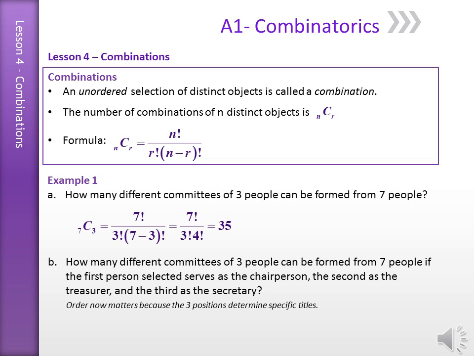So we now use the permutation 7P3, which gives us 210 possibilities. You may notice, if we took the 35 possible committees from Part A and then ordered them, we would get 35 times 3 factorial. This would also give us 210.